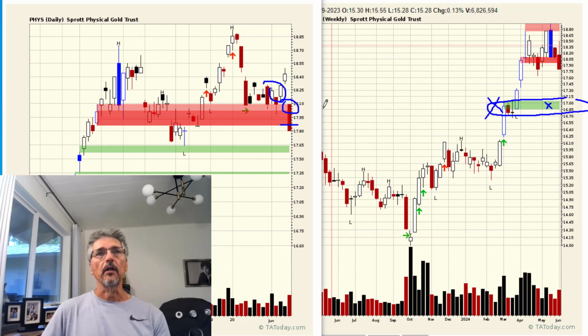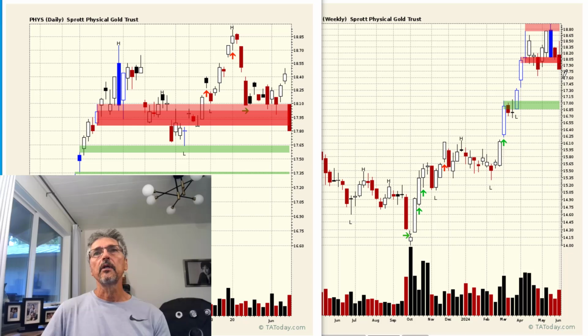I didn't get the best exits, so my average is like here. So it's 17.15 or something. Or excuse me, what is that? 17. This is 18. I got it crossed over. I can't quite see it. 18. So 18.15. So that means that even if I'm wrong, if it gets back above this resistance, I can buy back in.